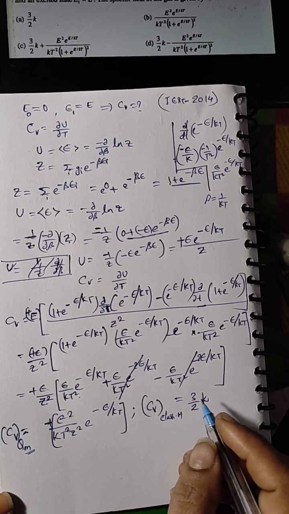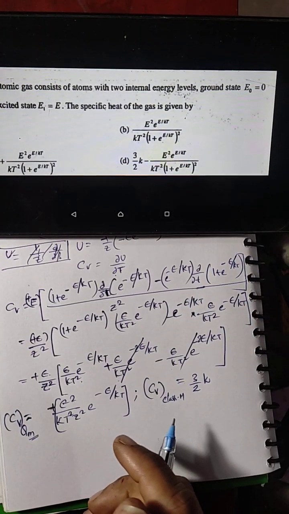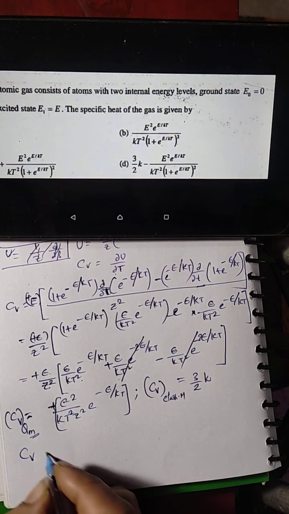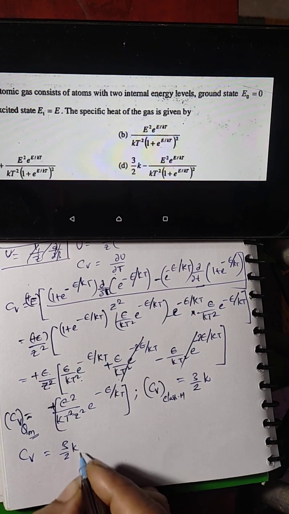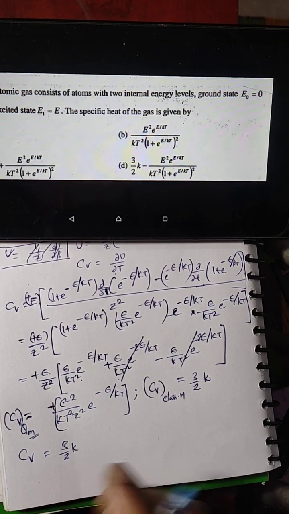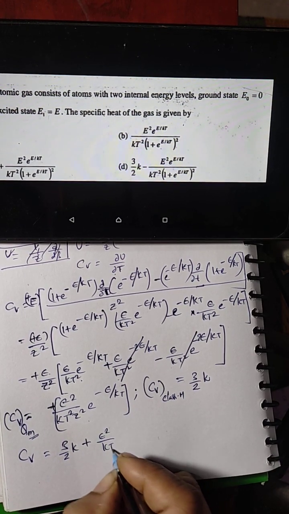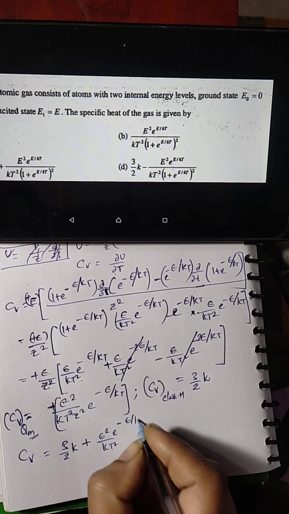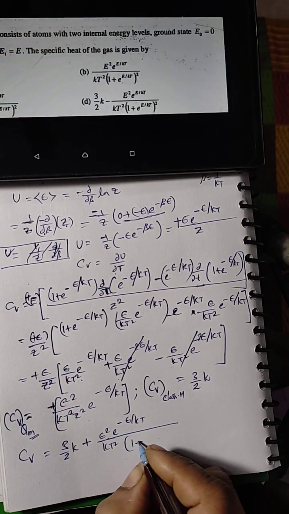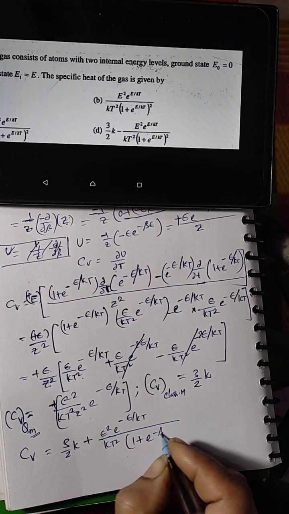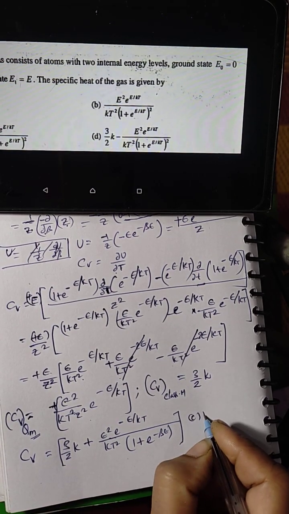Okay, so now comparing with the options, adding both quantum and classical we will get 3 by 2 k plus E square by kT square e power minus E by kT, where Z value is 1 plus e power minus beta E. So which option is correct? C option is correct.